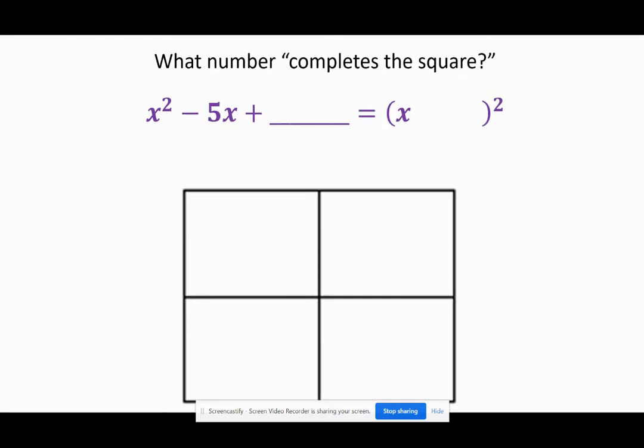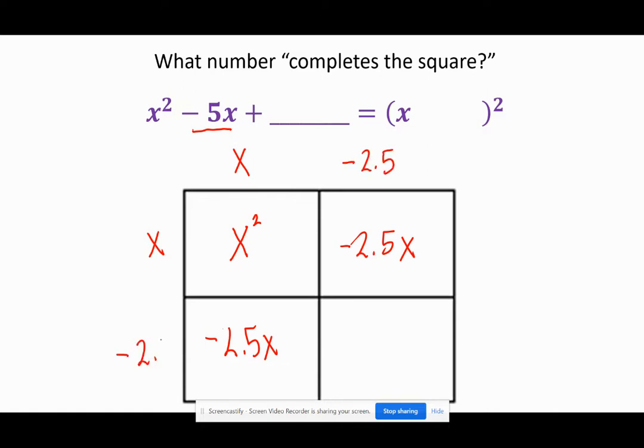Now, life doesn't always work out to nice whole numbers, so we've got one here with that odd number in the middle. Just want to make sure you're prepared for that. You're going to split that guy in half. So that's negative 2.5, negative 2.5. x times negative 2.5 makes negative 2.5x, same over here.